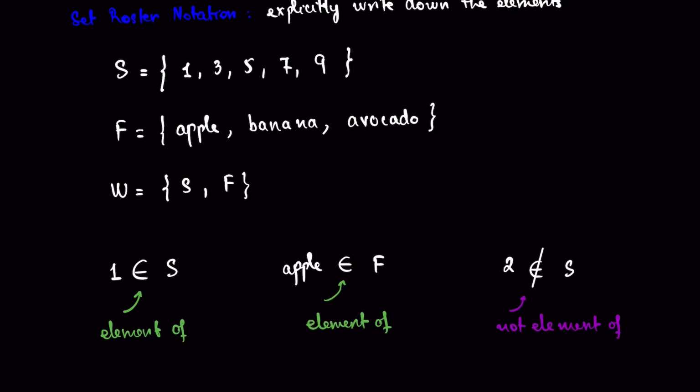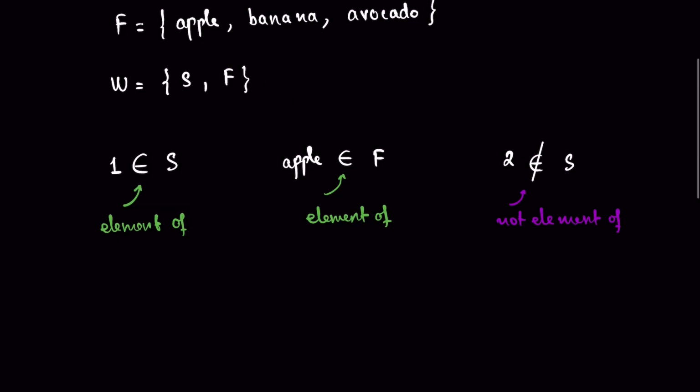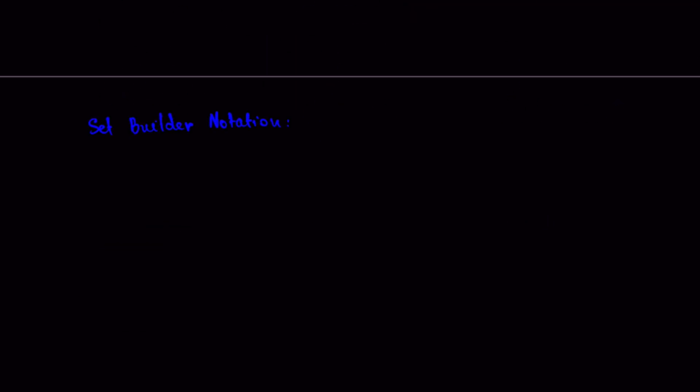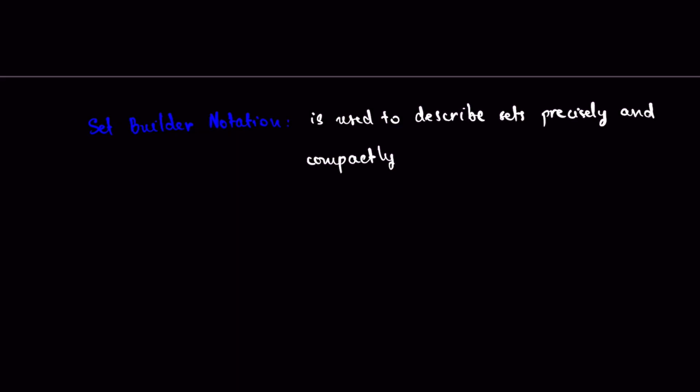Now, in addition to the set roster notation, you have another notation to help you describe a set. It's called set builder notation. Set builder notation is used to describe sets precisely and compactly using rules instead of listing every element.